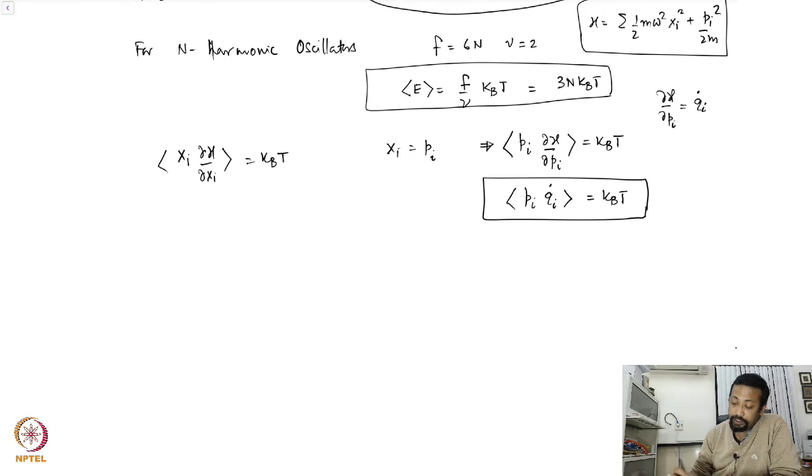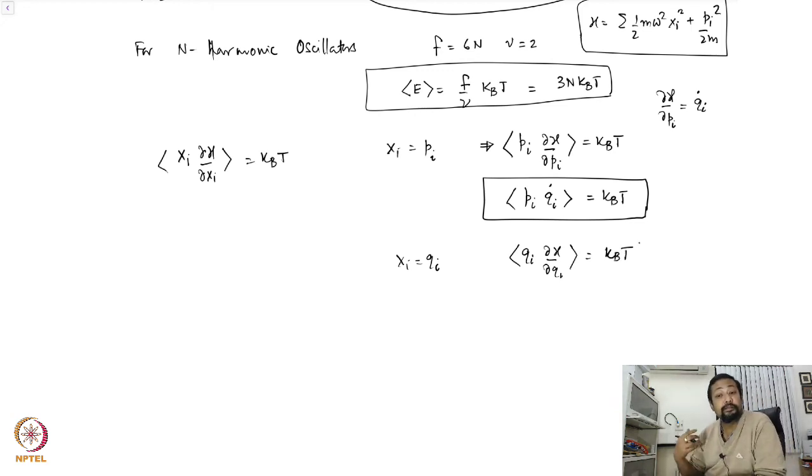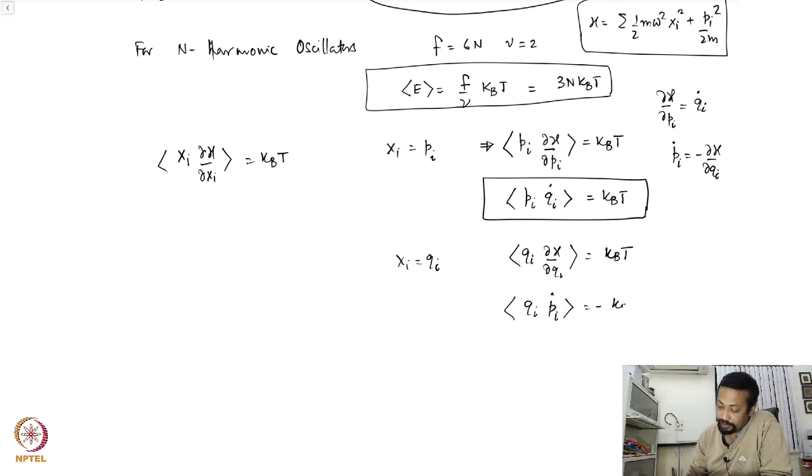Similarly, if you choose your xi as qi, then this is qi del h del qi, which is going to be kBT by the equipartition theorem, and pi dot is minus del h del qi, and therefore you have qi pi dot as minus kBT.